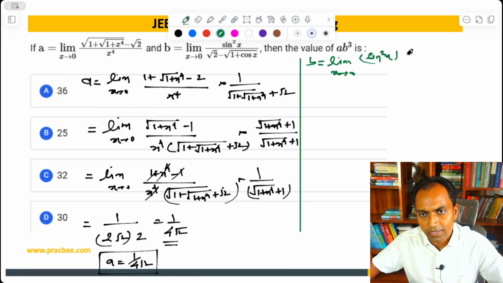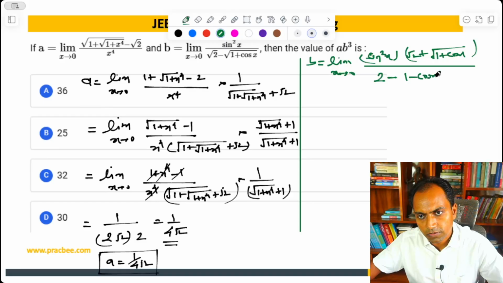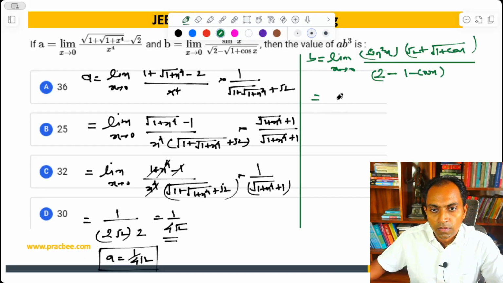So if I rationalize, I will get root 2 plus root of 1 plus cos x here. If I rationalize it, what is happening? This will become 2 minus 1 minus cos x. So if I simplify this, my answer becomes limit x tends to 0.